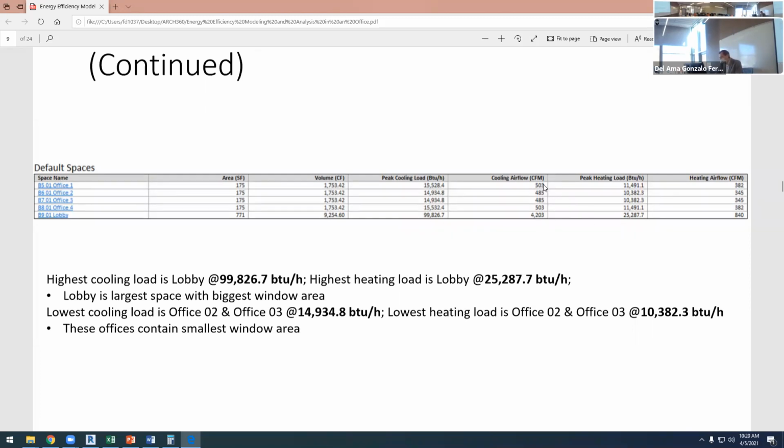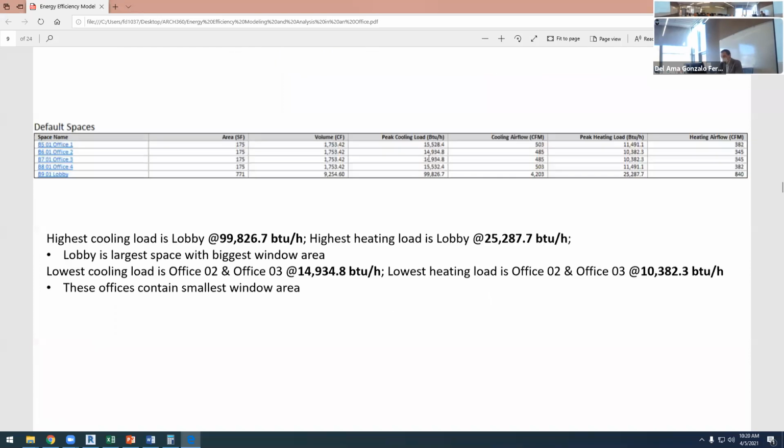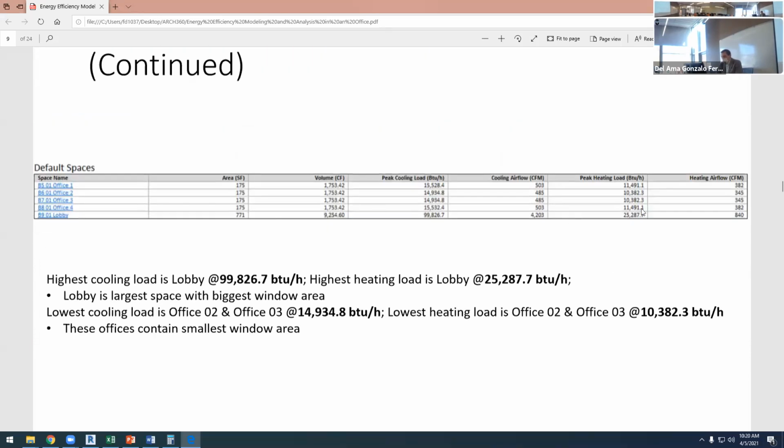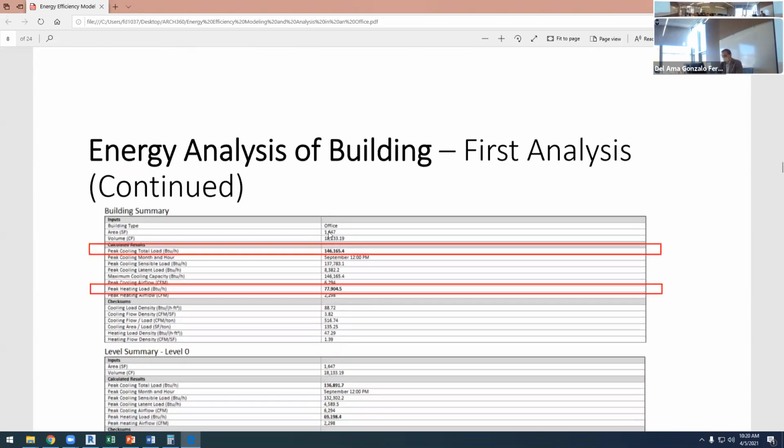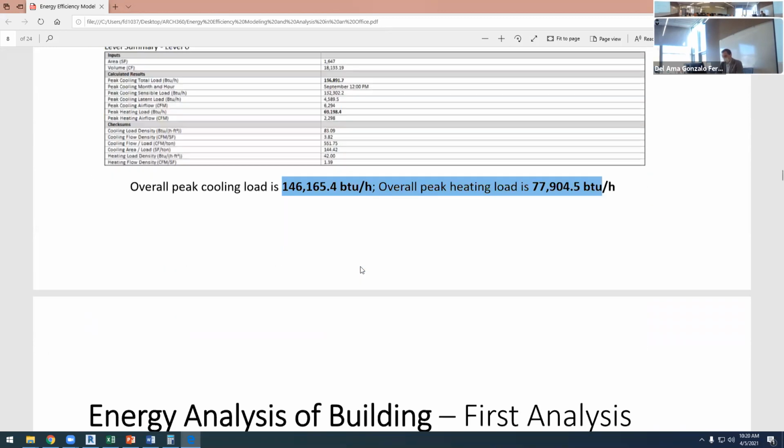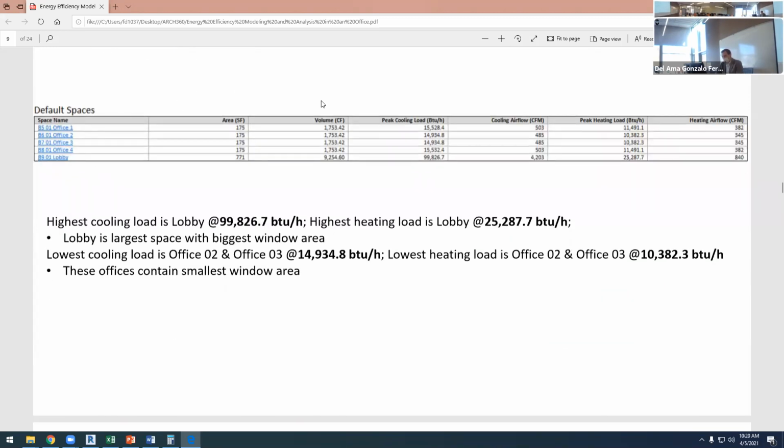So this is 500, 400, that makes sense. And then we have the lobby, which is much more. So I would like to see this to check if it's correct or not. If I only see the total loads, there might be a mistake. So I need to see these spaces as well with the cooling and heating load.